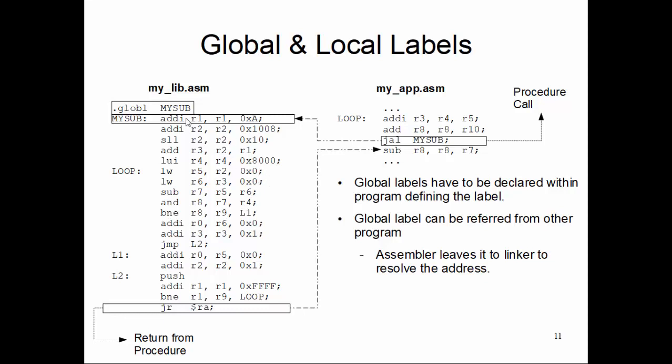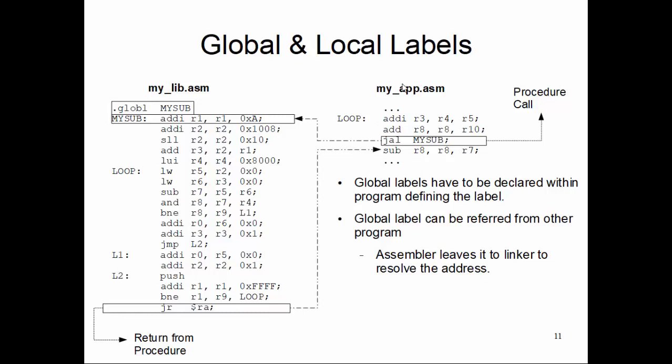But you don't want to define a global label that you also define as a local label. Let's say my app has another label called my sub, so it is somewhat confusing to the linker.